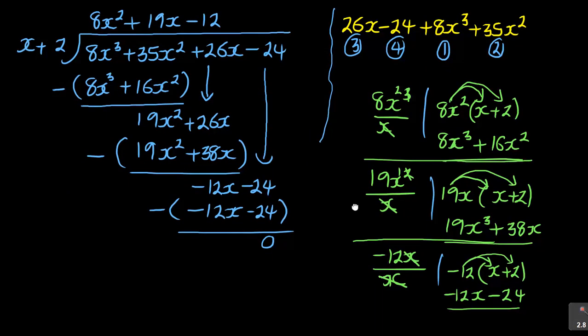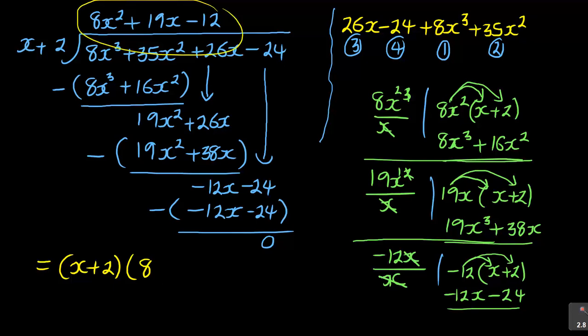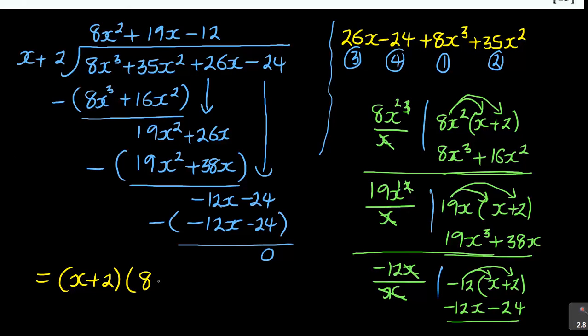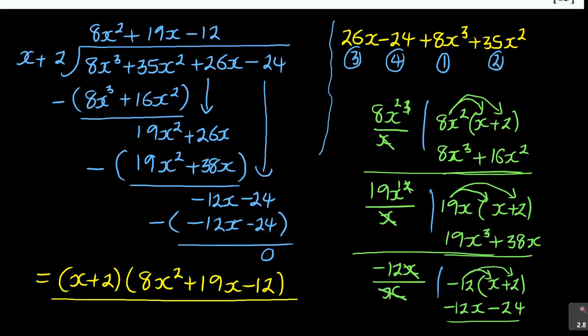So the answer is equal to, you've got x plus 2, then you write that other one on top, this part here, which is 8x squared plus 19x minus 12. So this is your final answer. This will give you your 7 marks.